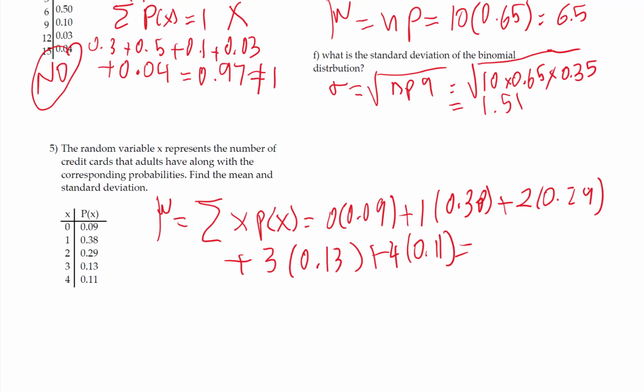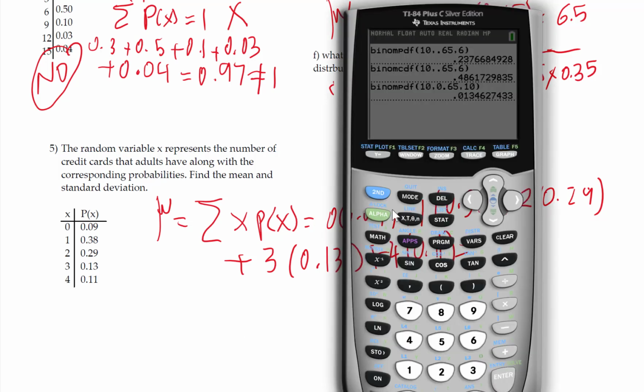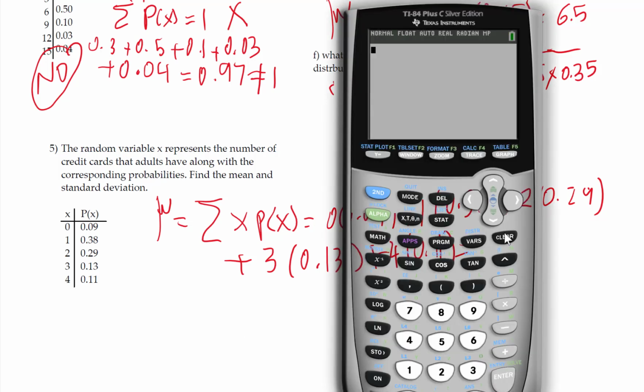And let me show you another way to find the mean and the standard deviation. So I'm going to bring the calculator up, hit clear, you go to stat, edit. In L1 you enter the x values, and then for the L2 you enter the probability values.